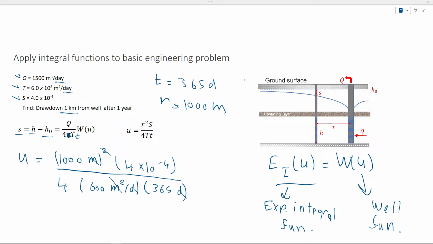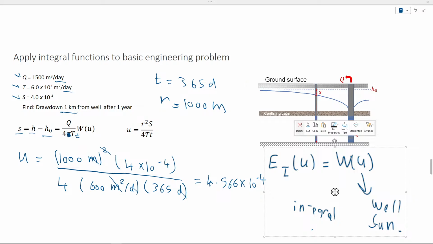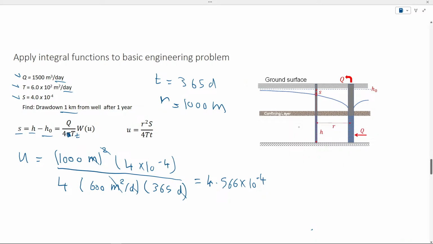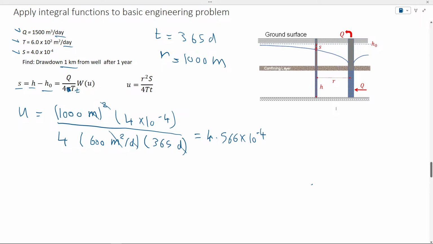If you evaluate this, the number that I got, if I did this correctly, is 5.566 times 10 to the power minus 4. So I got u equal to this value.